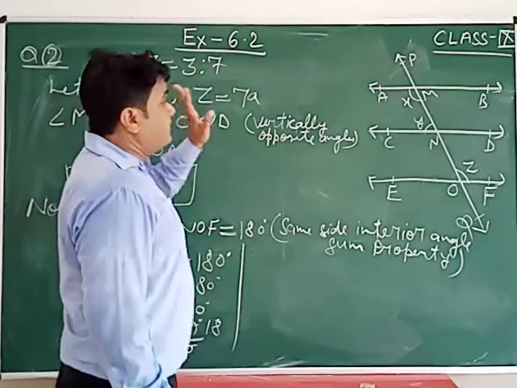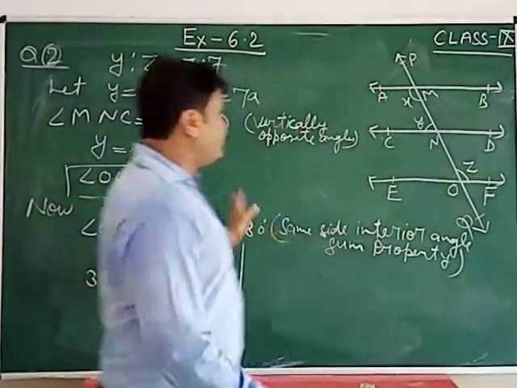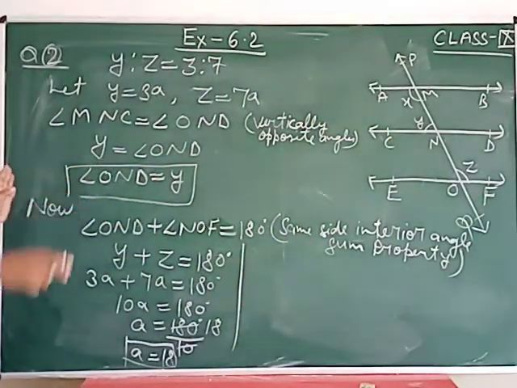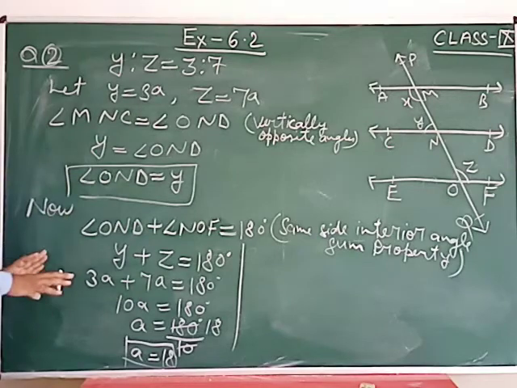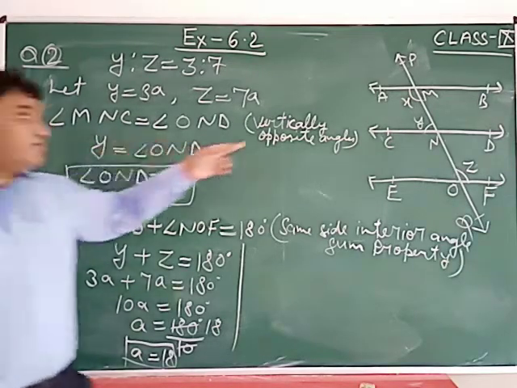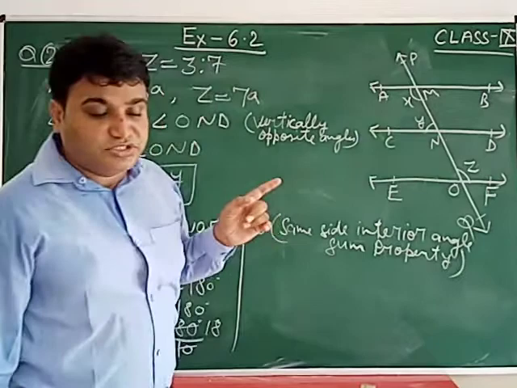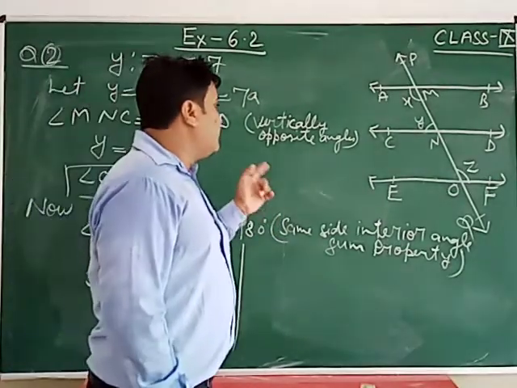y is 3a. First you will note down this or take a screenshot of this full part, then I will explain how you will find x, because in this question we have to find only x.